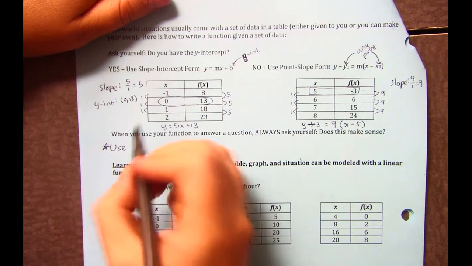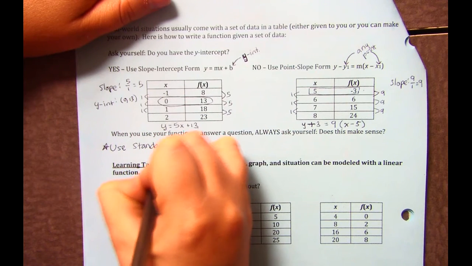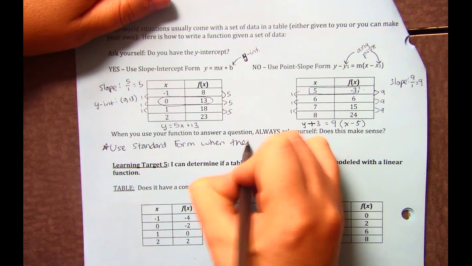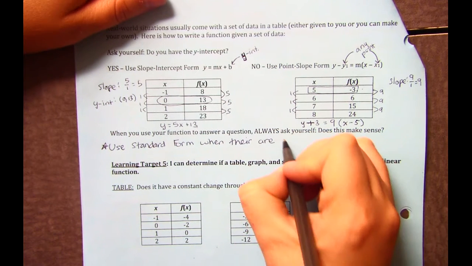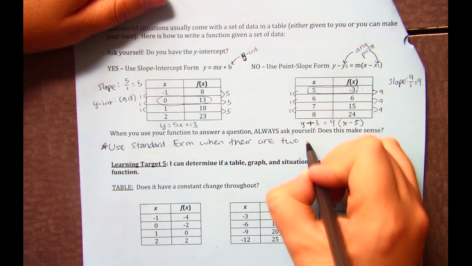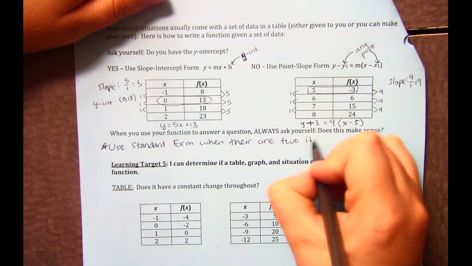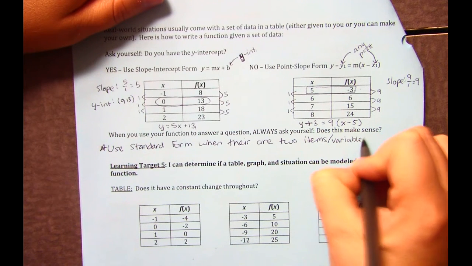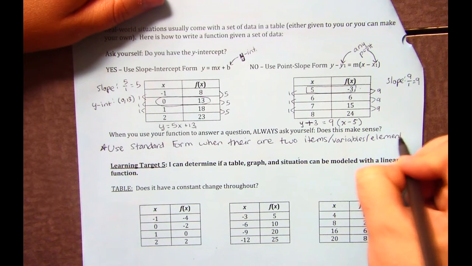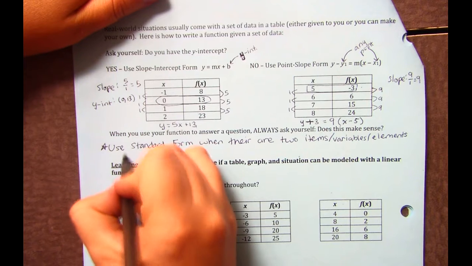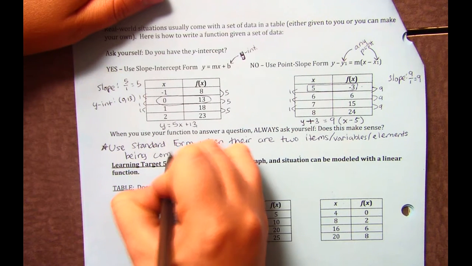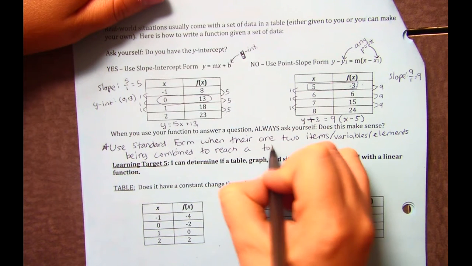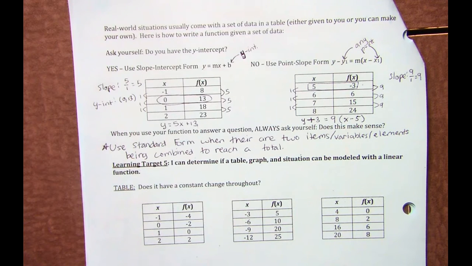So we're just going to add in a little thing right here that says use standard form when there are two, we'll say, items or variables or elements, I'm not sure what the best word is, two elements being combined to reach a total.